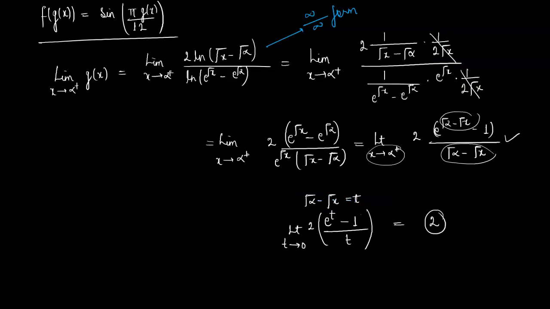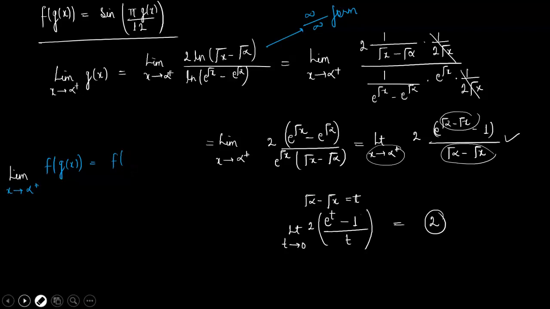Fine. So we have to calculate the limit x tends to alpha plus of f of gx, which is nothing but equal to f of that limit which came here.